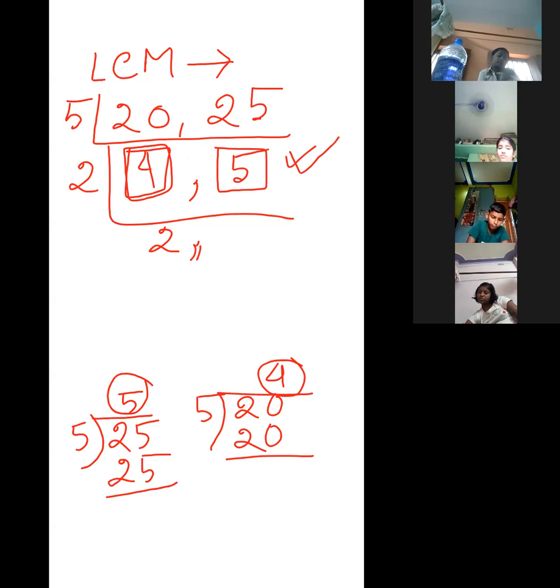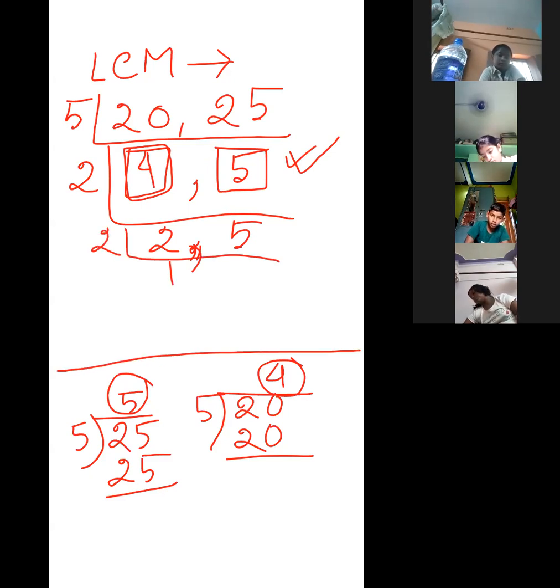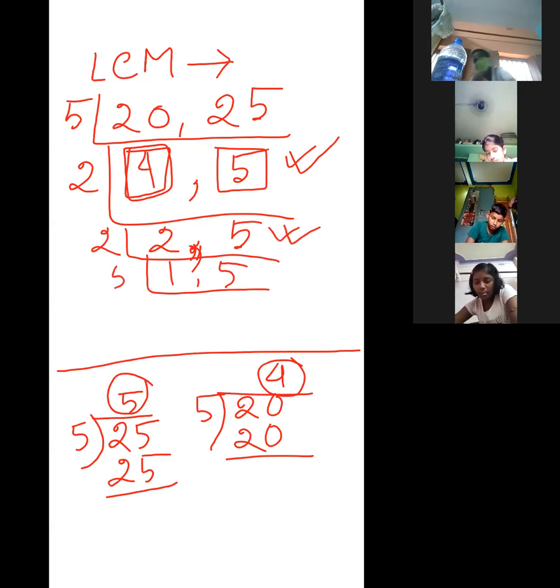But 5 will not be divisible by 2, so 5 will remain as it is. Now 2 1s are 2. This 5 will be there. If you stop here, that one will also be correct. I am just completing the whole procedure until we get 1.